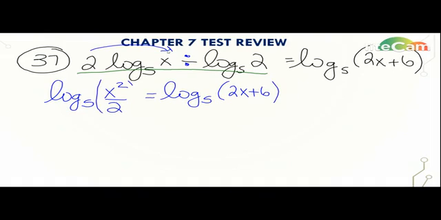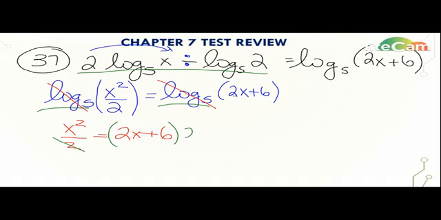Remember that if you have a log on both sides, you can take these pieces and just set them equal to each other. You just want to know what x is, so you go x squared over 2 equals 2x plus 6. I don't like that divide by 2. Let's multiply it on the other side. So I get x squared equals 4x plus 12.